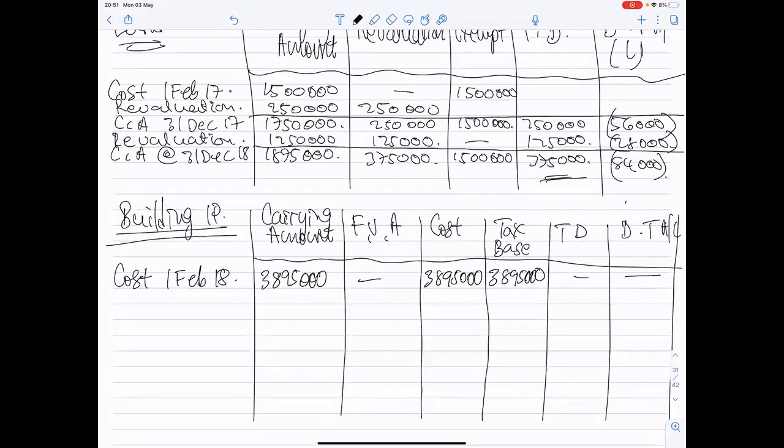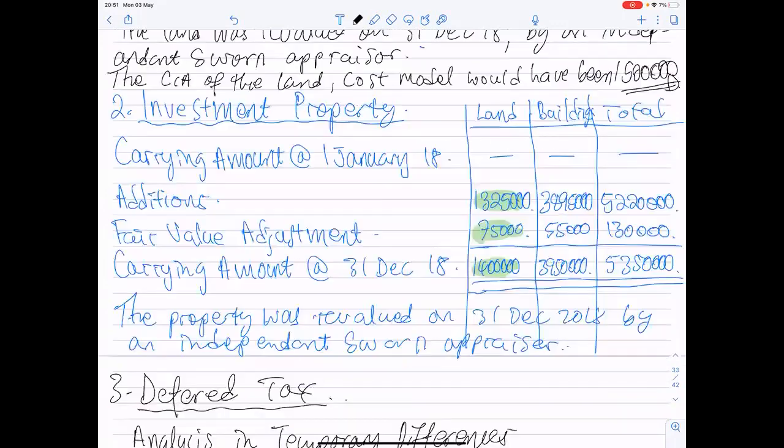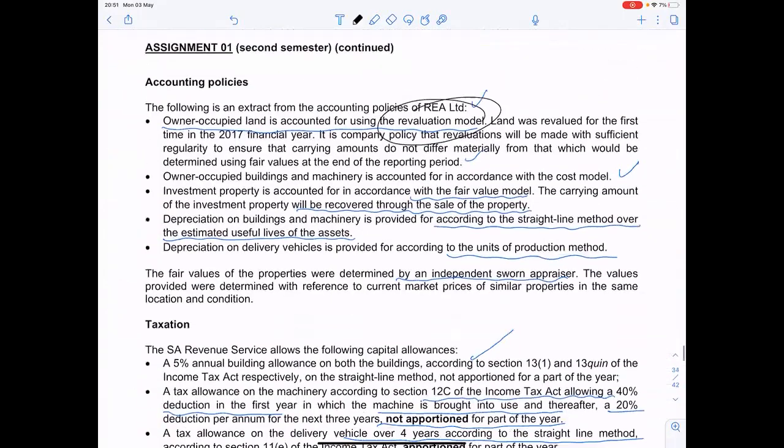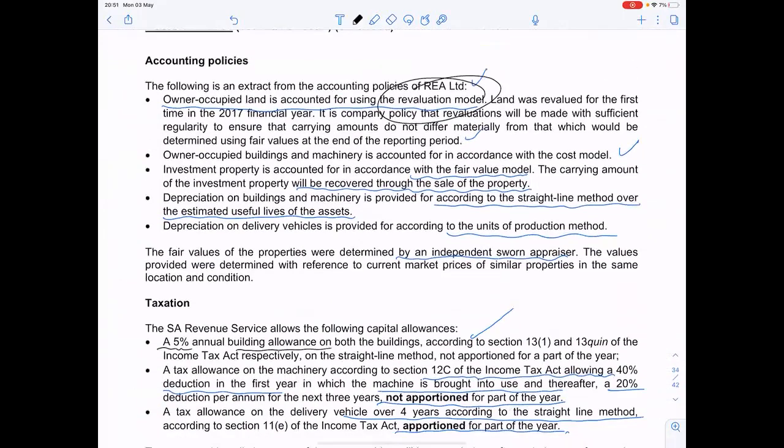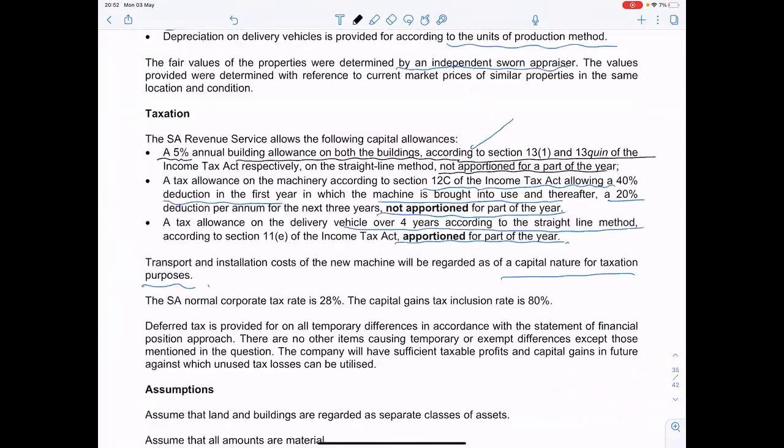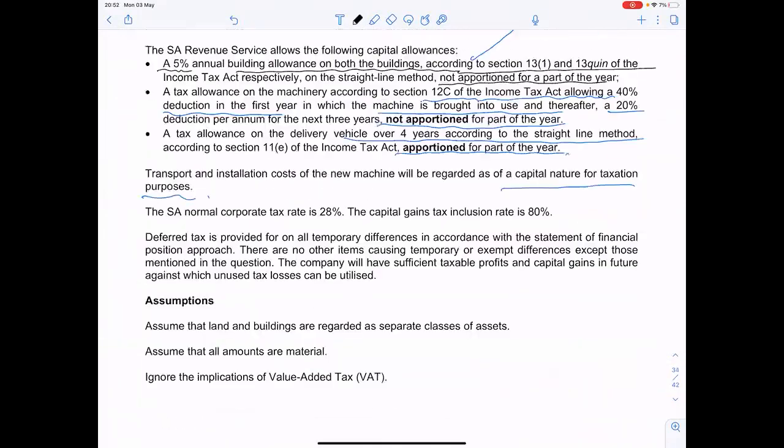During the year, there was a fair value adjustment. SARS gave us a policy to say it is a 5% annual building allowance on both buildings, according to Section 13(1) quin of the Income Tax Act, not apportioned.